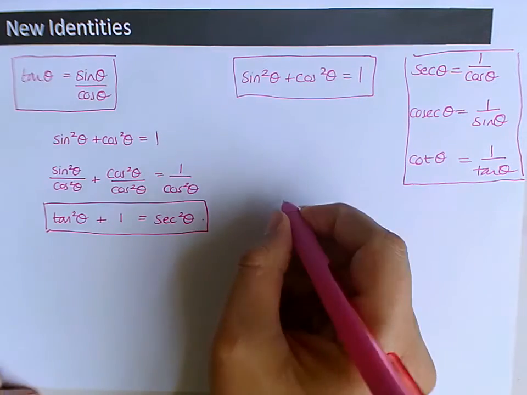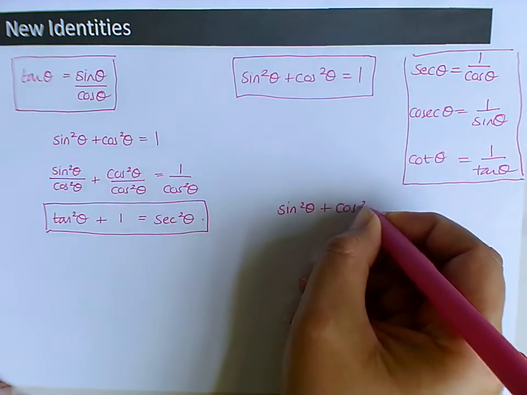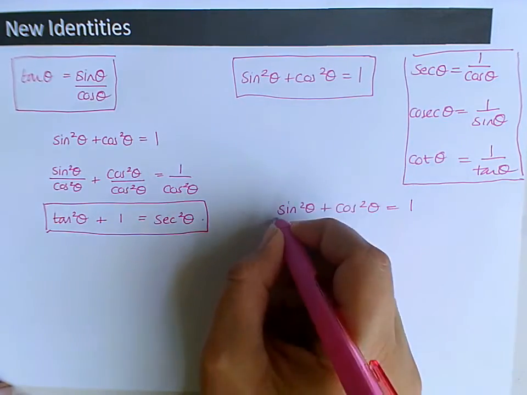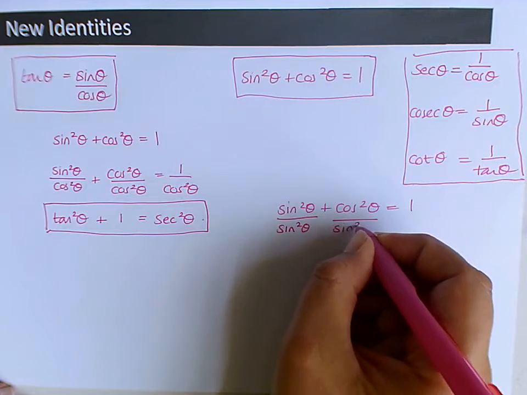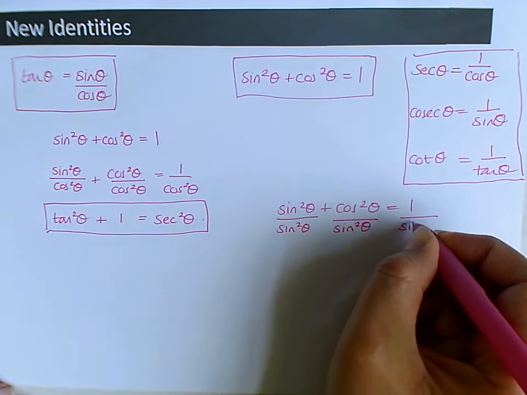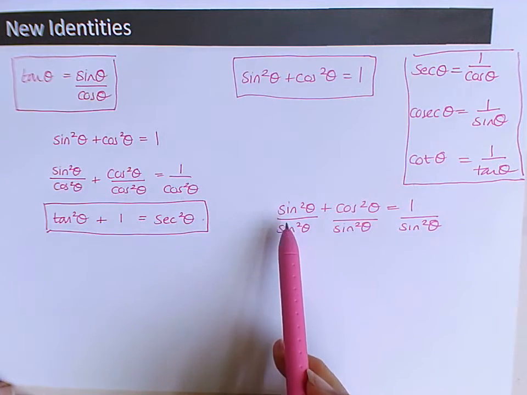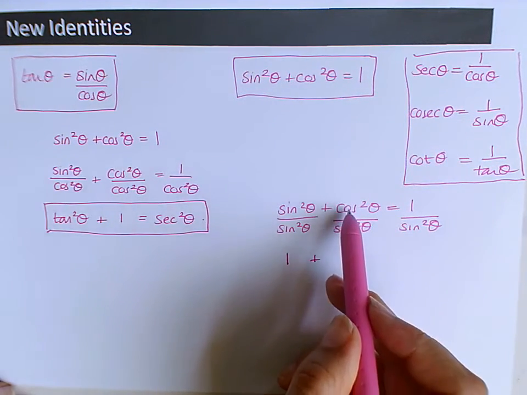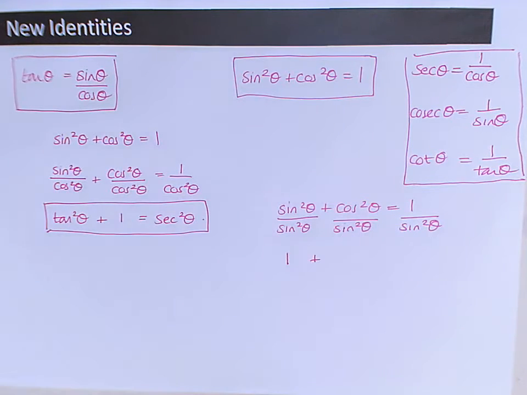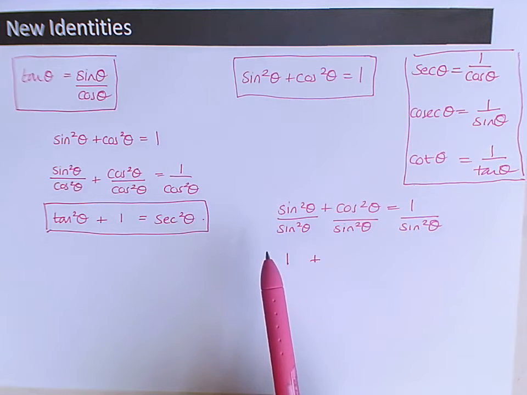We can now repeat, but divide it all by sine squared theta. So here, sine squared theta divided by sine squared theta, that's 1. Now, sine over cos is tan, so this is cos over sine, the reciprocal of tan.